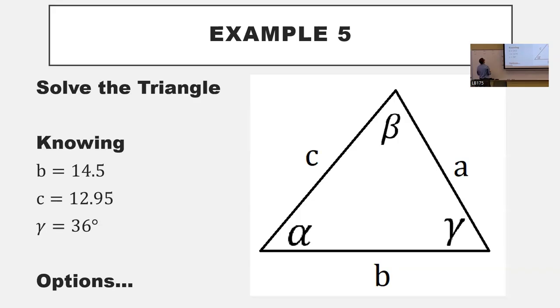So we're given side lengths B and C. B is 14.5. C is 12.95. And we're given angle gamma is 36 degrees. And we want to solve the triangle.